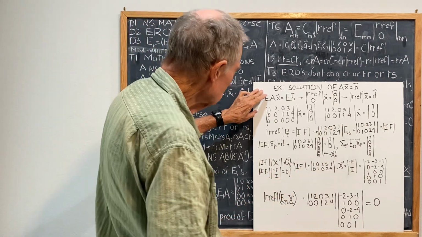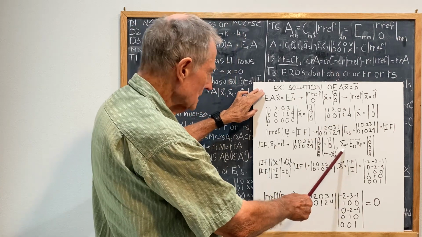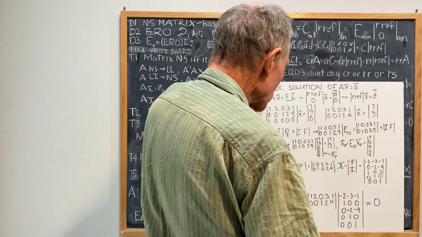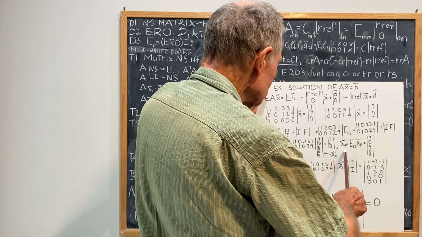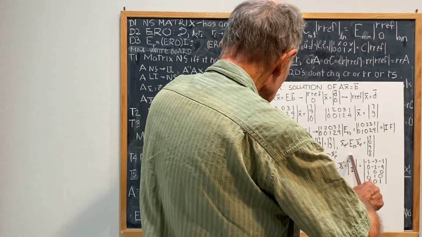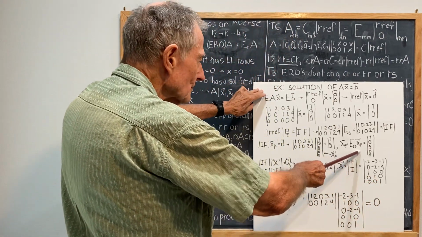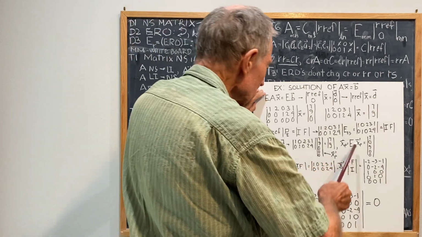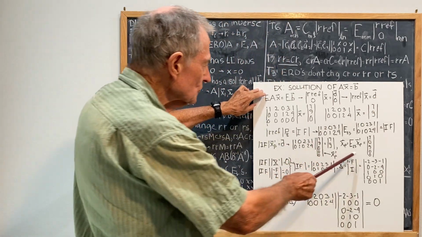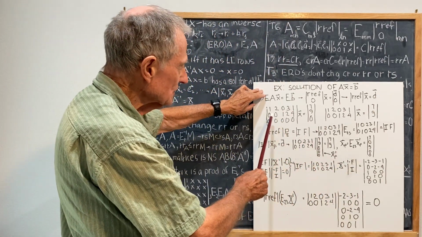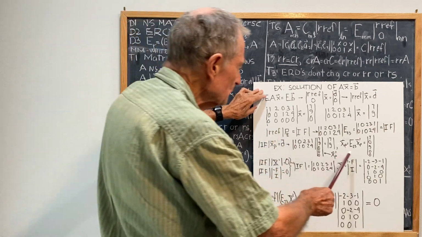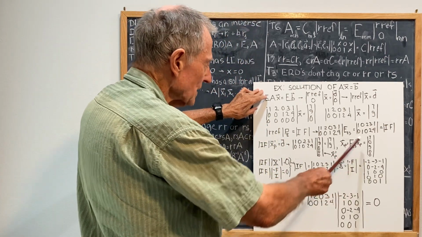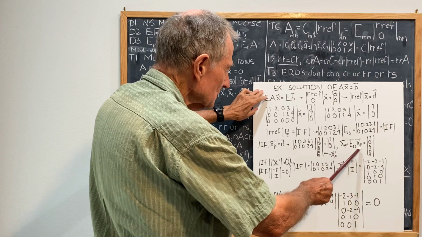And then, therefore, xp is equal to E23 times xp prime. Now, E23, which was a column interchange, becomes a row interchange if you pre-multiply. So xp becomes E23 times xp prime.